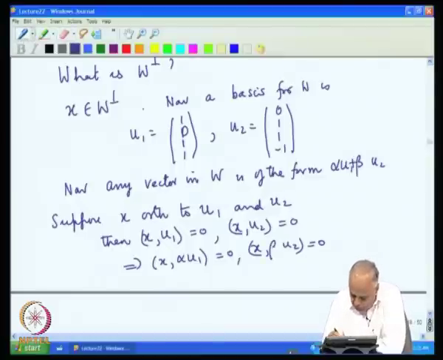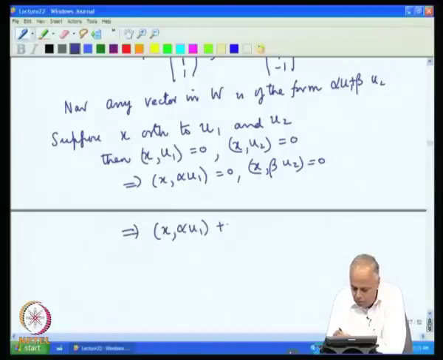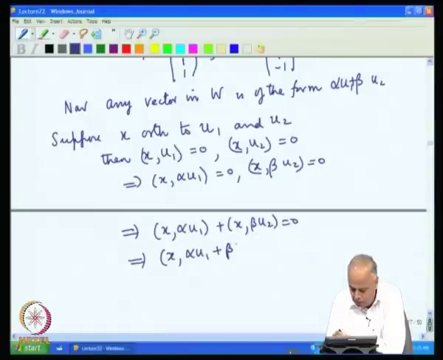If we add both of them, x comma alpha u1 plus x comma beta u2 equal to 0, and using distributivity we get x comma alpha u1 plus beta u2 equal to 0, which means x is orthogonal to all vectors in W.